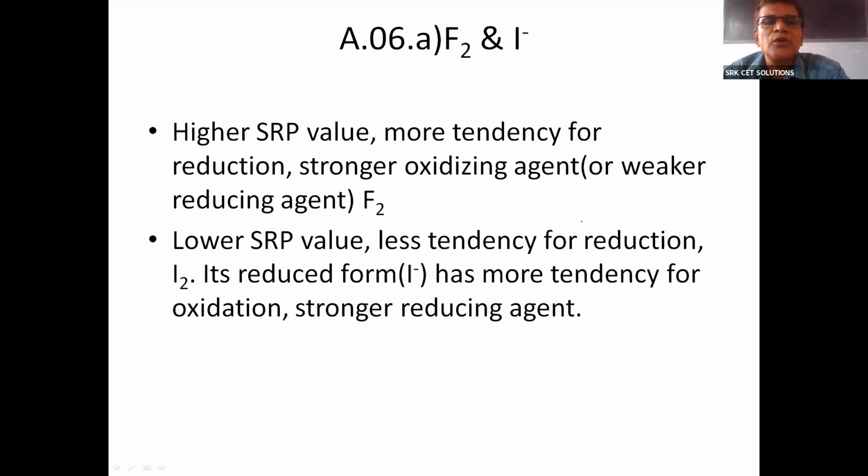Higher SRP value means more tendency for reduction, the stronger oxidizing agent, or a weaker reducing agent. That comes to fluorine. Next, lower SRP value, less tendency for reduction. That is, iodine has less tendency for reduction. So its reduced form, the product I minus, has more tendency for oxidation. So that acts as a stronger reducing agent.